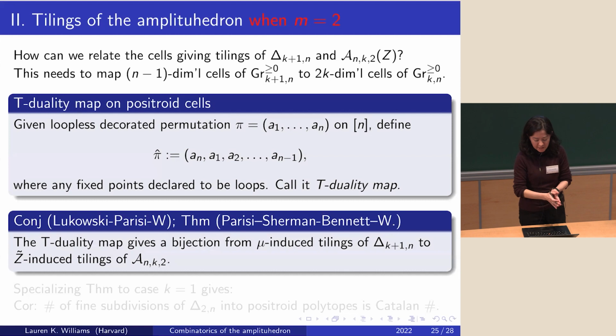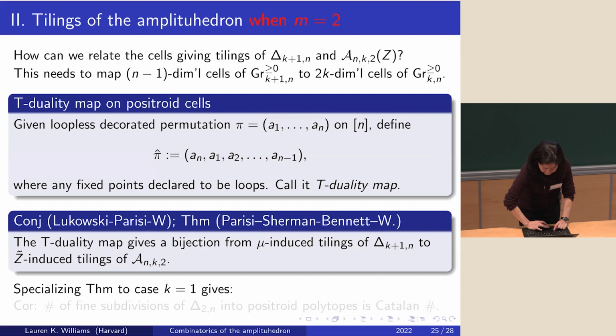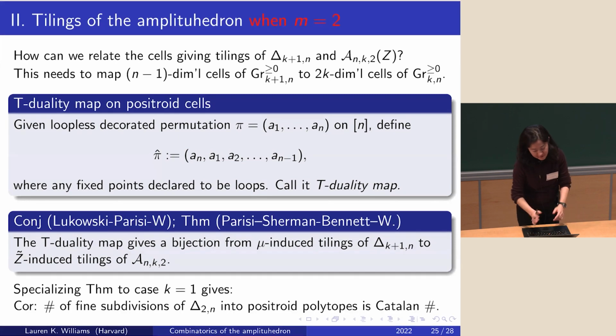And this gives a bijection from the tilings of the hypersimplex to the tilings of the amplituhedron. In the k equals 1 case, this gives a nice corollary, which is that the number of fine subdivisions of the hypersimplex into positroid polytopes is exactly the Catalan number.